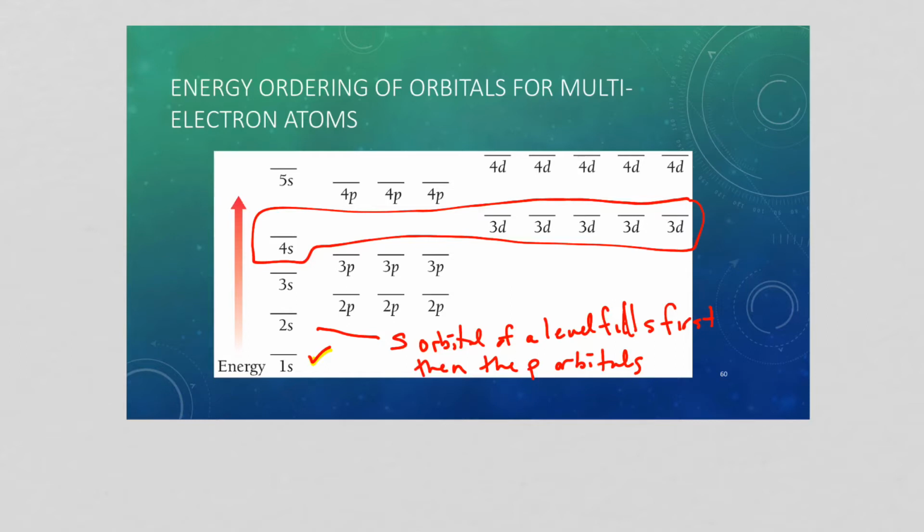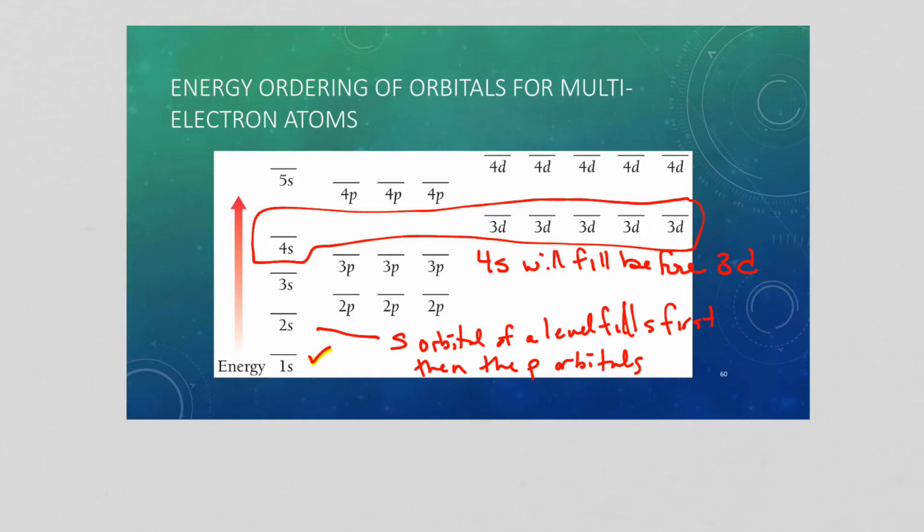What that means for us is that the 4s orbital will fill first. So 4s will fill before the 3d.